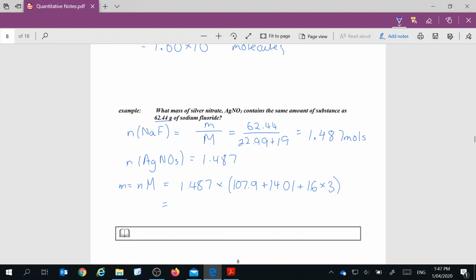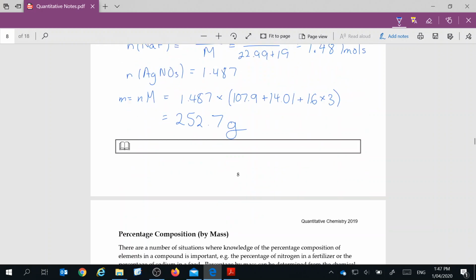Okay, let me just calculate that. That gives .7 grams as our answer to have the same amount of substance.